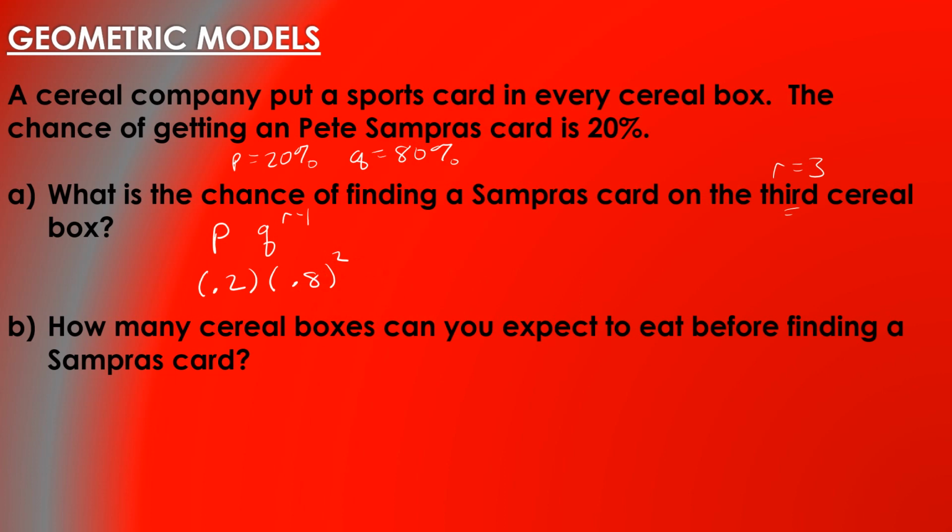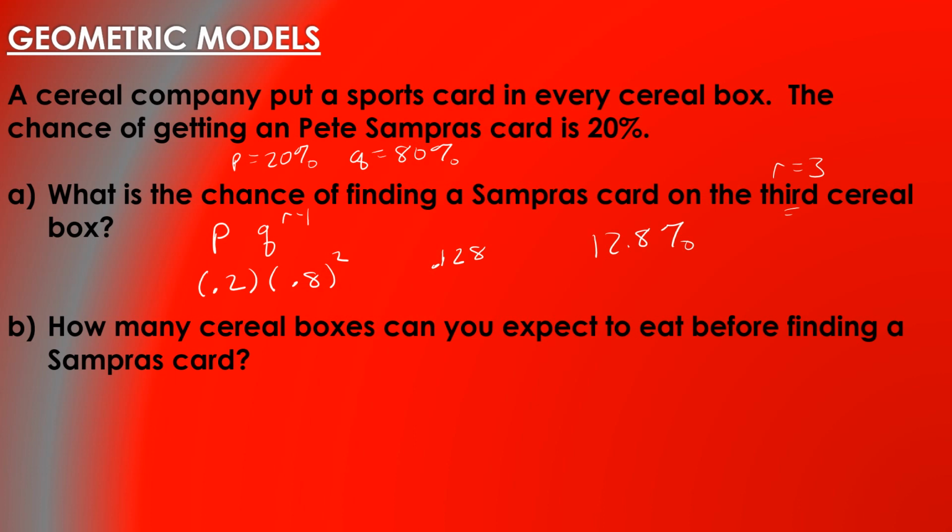And we'll pop that into the calculator and see what we get. All right, and I get 0.128, so a 12.8% chance that it takes 3 tries to get a success.